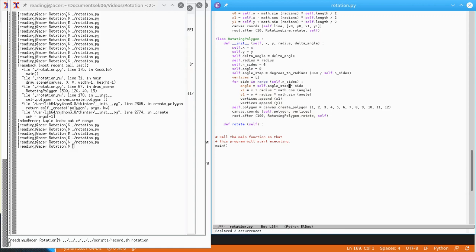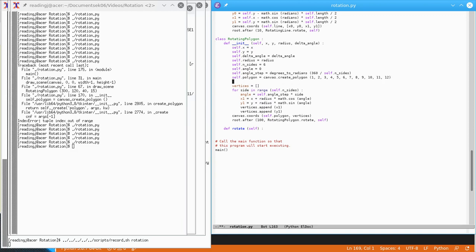And then we're going to put the polygon creation up here. And we're going to call self.rotate. And now def rotate self.